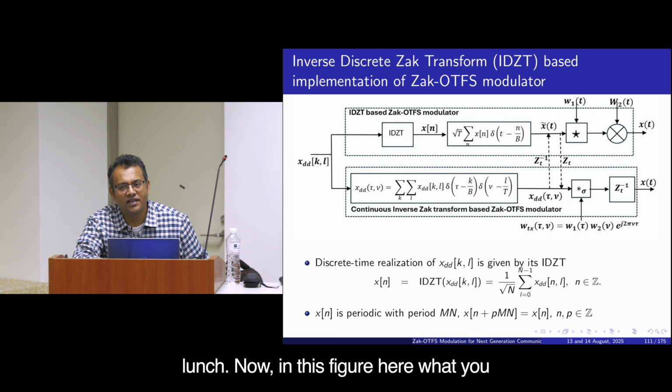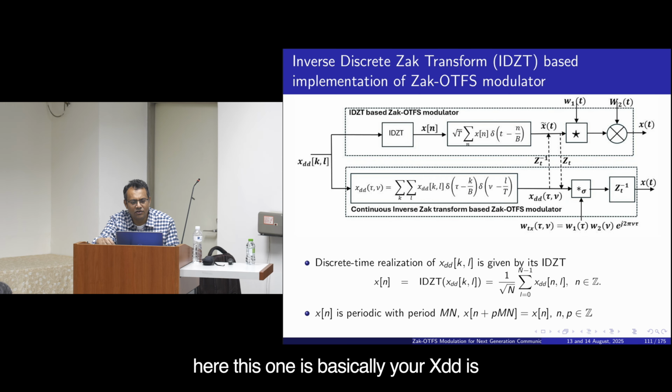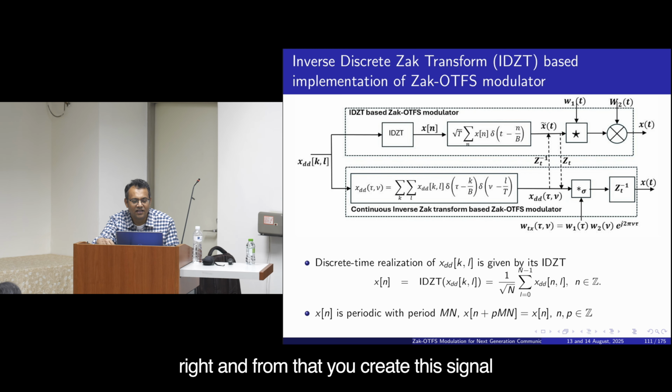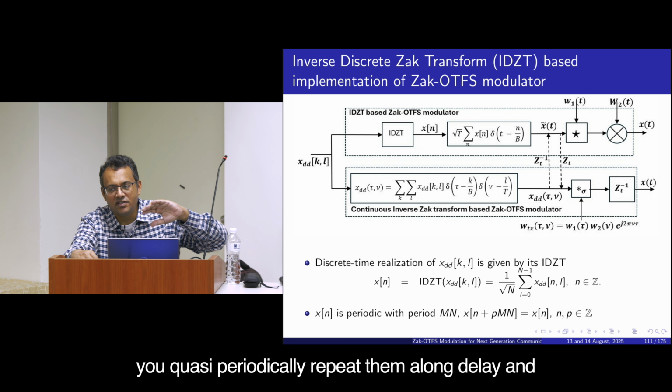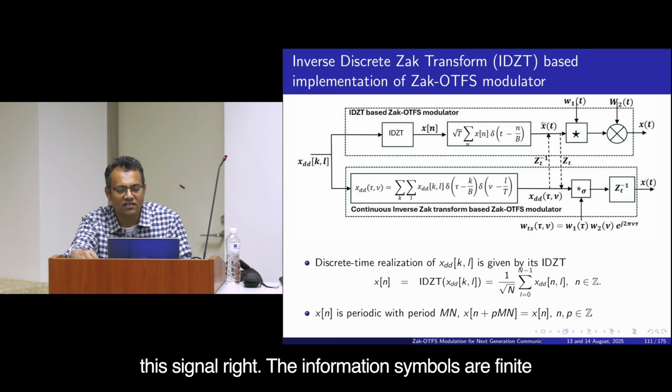Now, in this figure, the chain at the bottom, right here, this one, is basically your xdd, your discrete delay Doppler signal. This is where your information symbols are. You take your information symbols and quasi periodically repeat them along delay and Doppler, and that's how you get this signal.